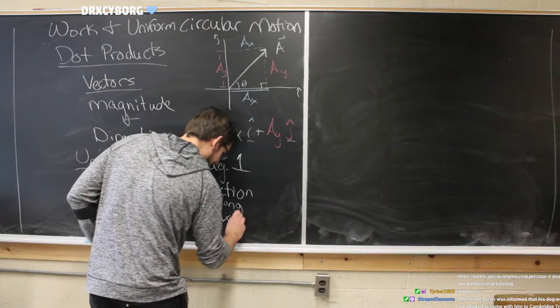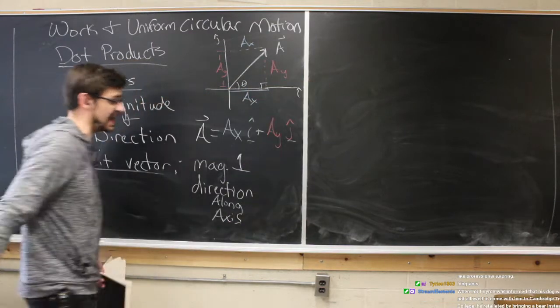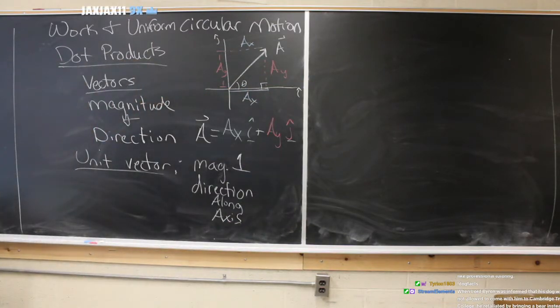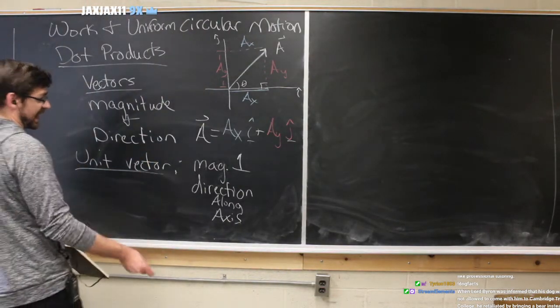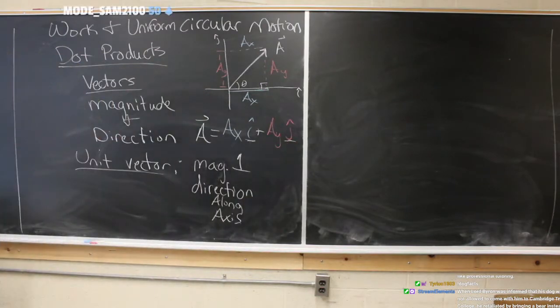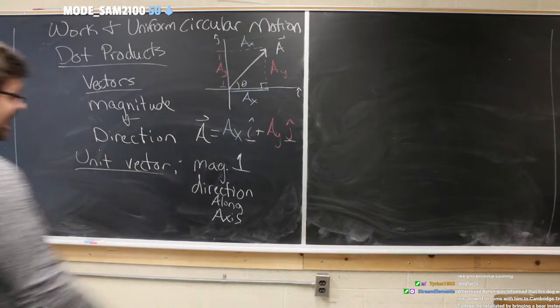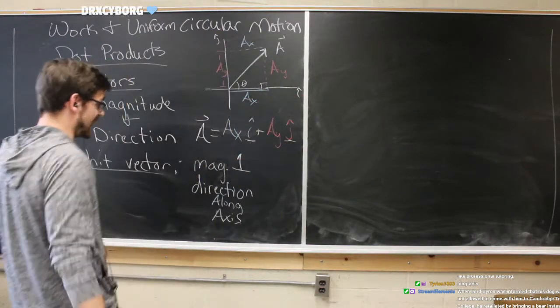So for instance, this i hat has a direction along the x-axis. That means all of the other components are 0. So they have a magnitude of 1 and a direction along the axis. That's what i hat and j hat are, and they are literally just to tell you what direction that magnitude is in. So AX is in the i hat direction and AY is in the j hat direction.